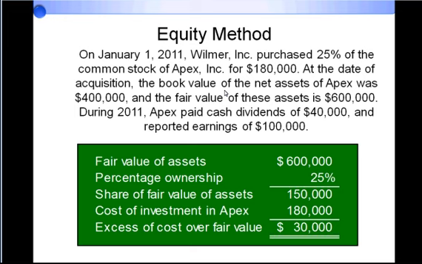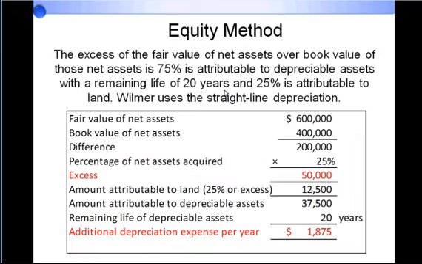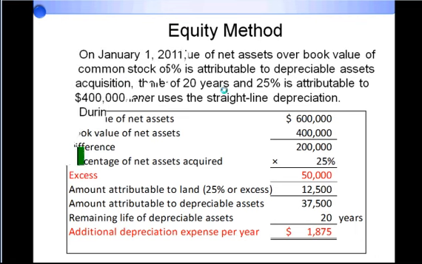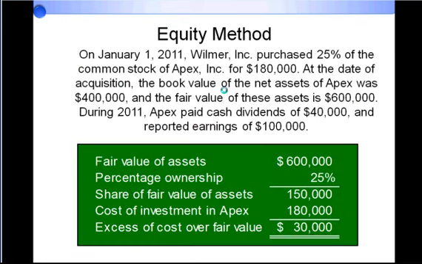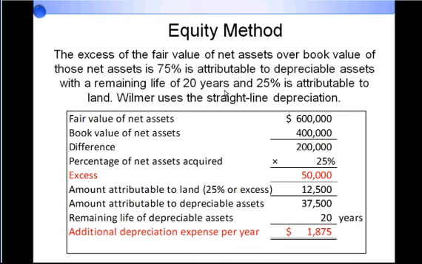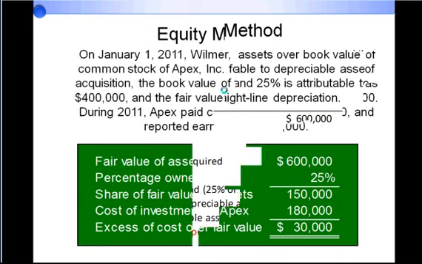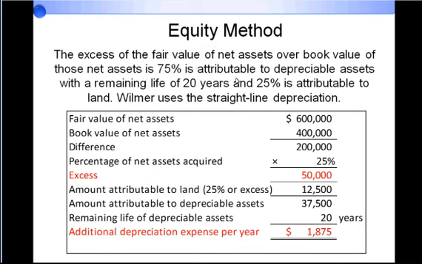Oh, I'm sorry. In this case, they're saying it's not goodwill. They're telling us that difference is attributable to depreciable assets with a remaining life of 20 years, and 25% of it's for land, so we can't depreciate that.